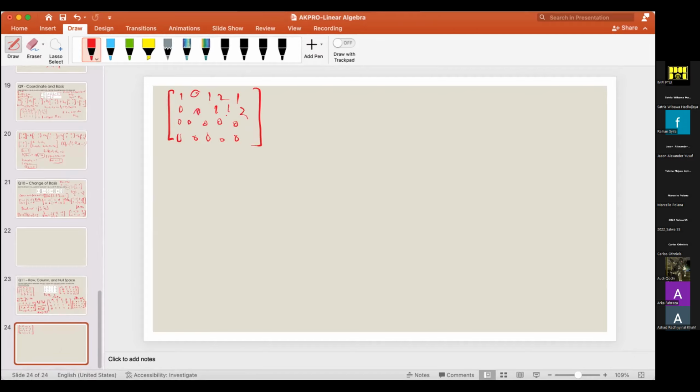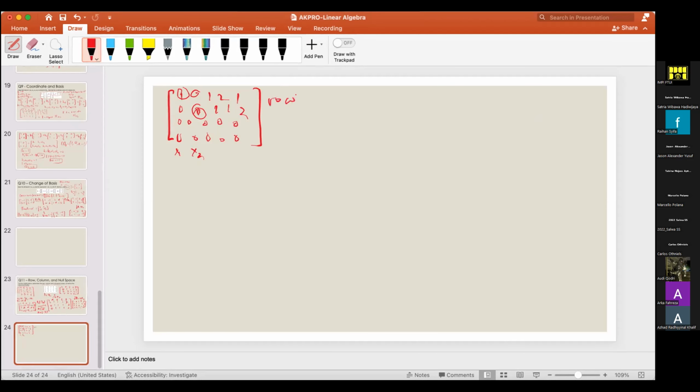So this is 1. And all we have to do is find which part has leading ones. So this one, x1 and x2 has what we call leading ones, which is this one and this one. And the row and the column that has the leading one will be considered as the row and column spaces.